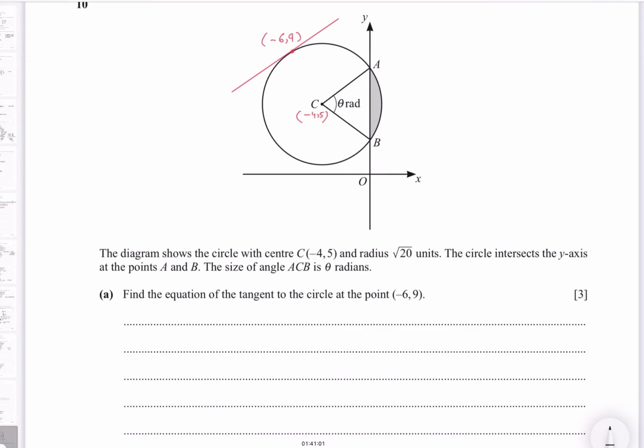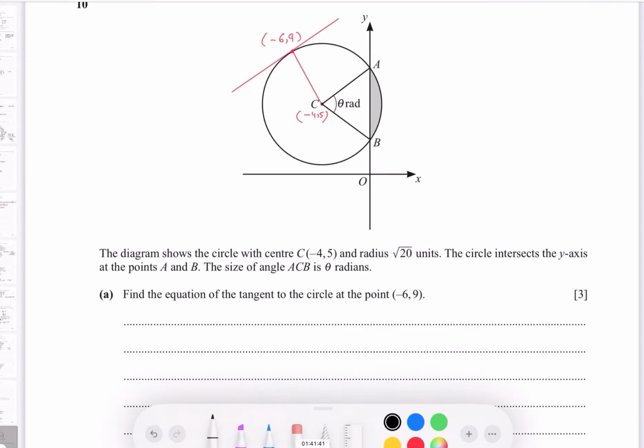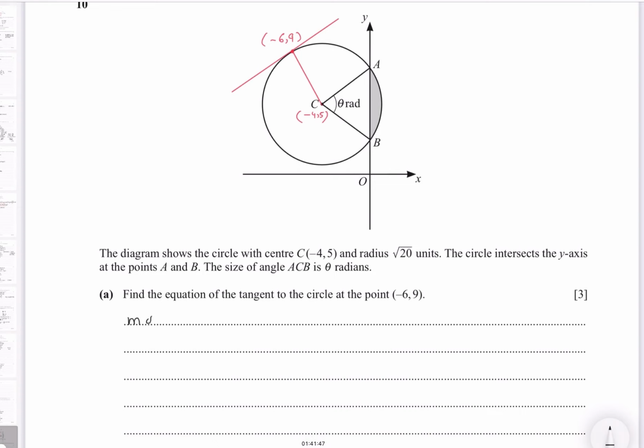So center is (minus 4, 5), and the radius is root 20. So m of the radius means gradient of radius. I'm using y2 minus y1 over x2 minus x1: 9 minus 5 over minus 6 plus 4, that is minus 2.